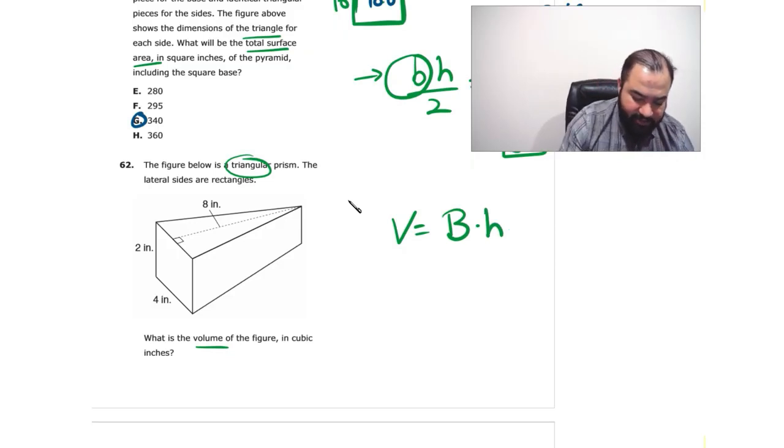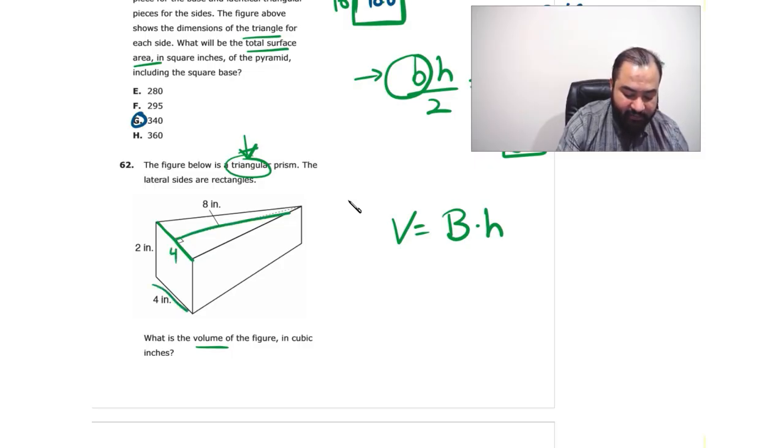Now let's take a look at it. What is the base of this shape? You can see there are 5 shapes in this, like 3 rectangles and 2 triangles. Since they named it triangular prism, the base has to be triangles. So how do I recognize the base? It's going to be named right there. So area of this triangle is, we know that the height is 8 and the base is 4.